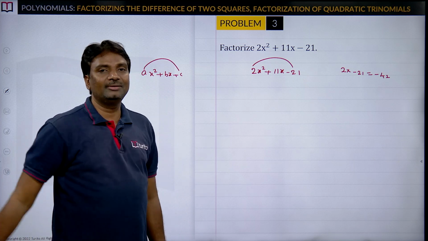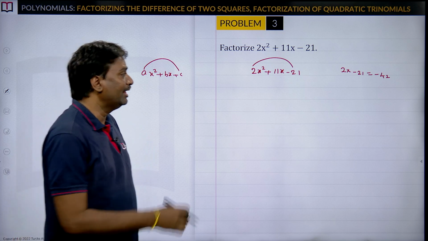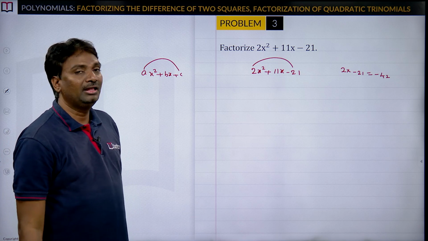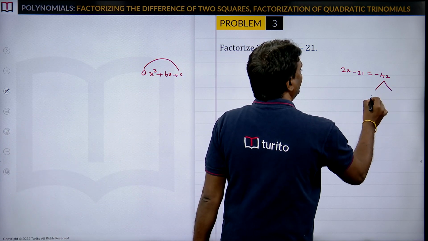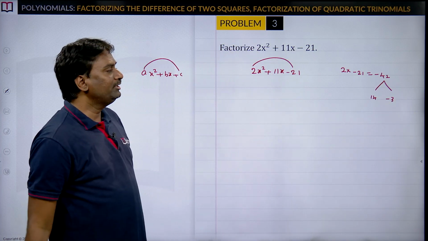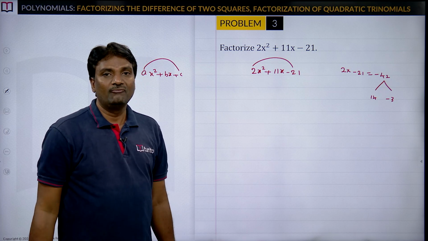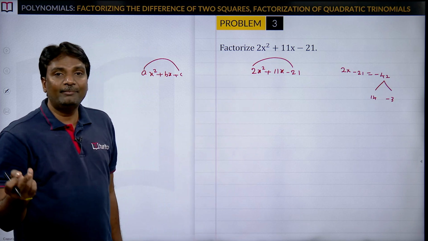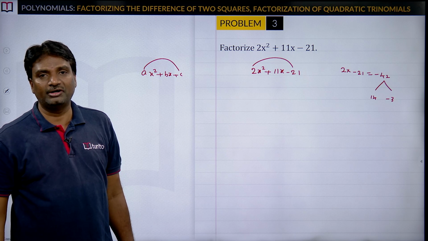According to the middle term, you can take the factors of minus 42. The middle term is 11. You can take 14 and minus 3. 14 times 3 is 42. 14 into minus 3 is minus 42. 14 plus minus 3 gives you 11. 7 and minus 6 are also factors. 7 times 6 is 42, or 7 into minus 6 is minus 42.